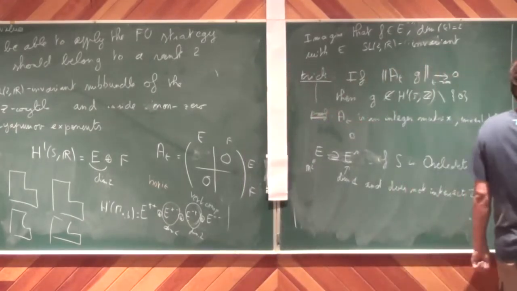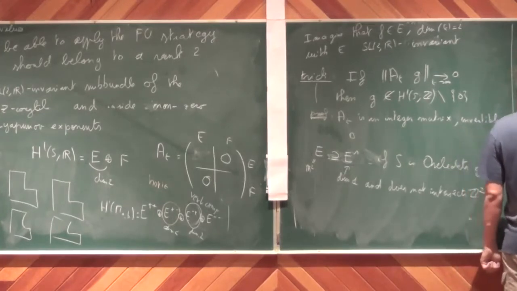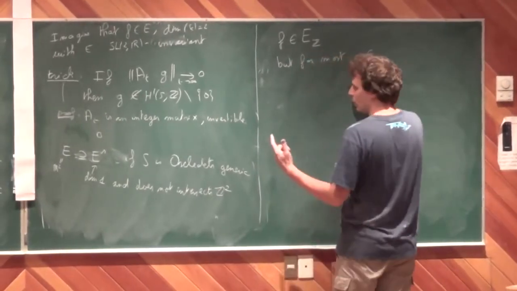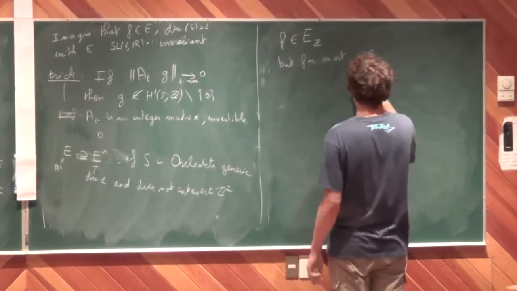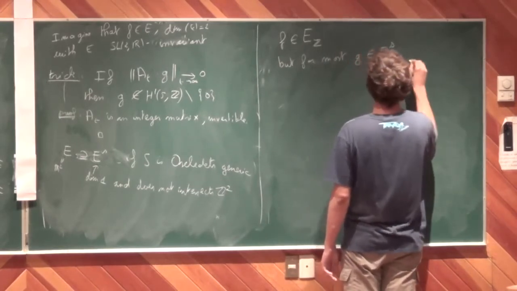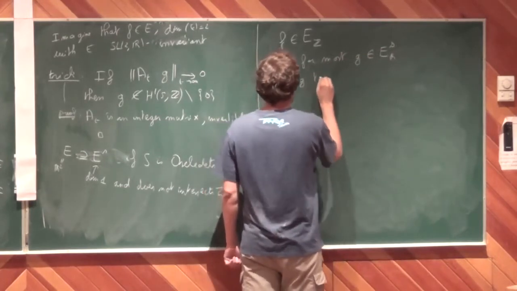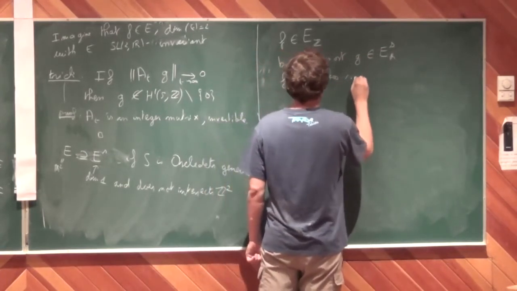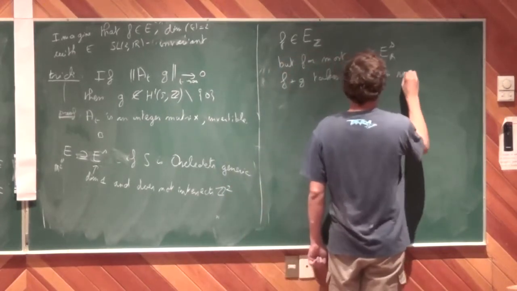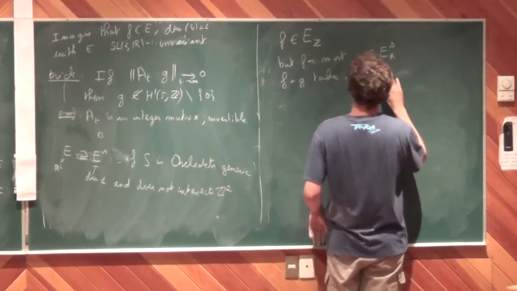So F in Z, but for most G, where G is my coboundary, G composed with T minus G, in E^S with coefficients in R, F plus G takes values, I think this is even for all, in irrational values.